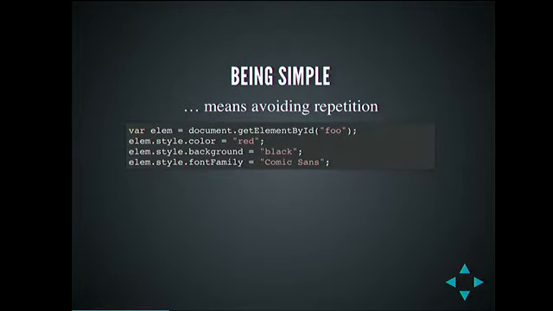Being a good API means you know how people use you, the API. Which means you know when there will be repetition. I'm repeating stuff just for the sake of repeating stuff. This is not fun to code.